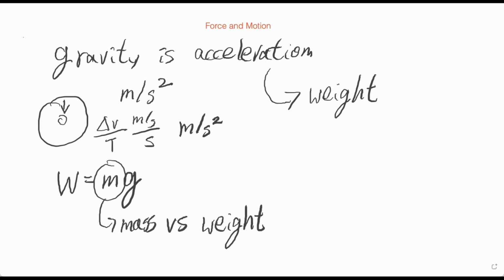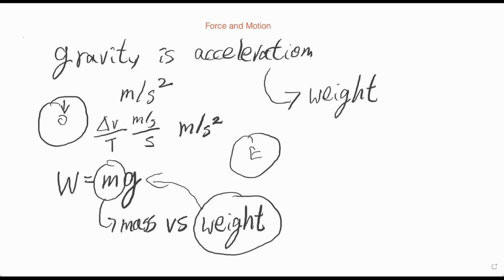Well, the weight, as you can see here, is dependent on gravity. So if you were on Earth and on the moon, your weight would be different. Why? Because the gravity itself is different. So as gravity decreases, the weight also decreases. But you, as the same person, have the same mass.